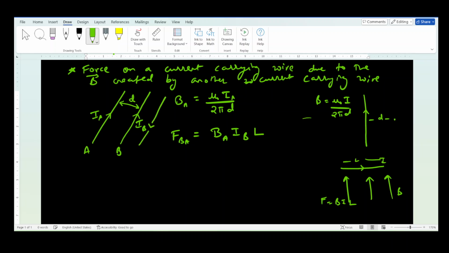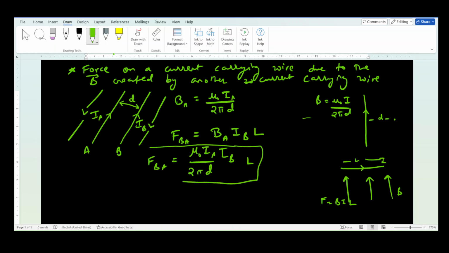This is L, the length is L, and this wire also has length L. So this is the force. Now force experienced by B due to A is equal to BA, and BA is nothing but mu naught IA divided by 2 pi d multiplied by IB into L. So this is going to be the force experienced by wire B due to A.